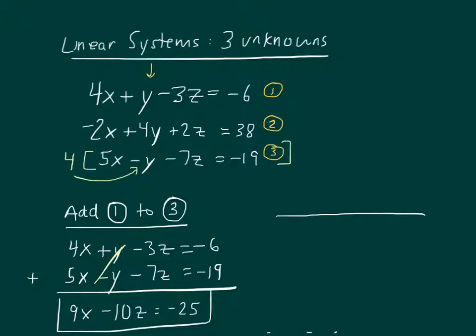So this is what we'll call the new 3. That will be just multiplying the 4 to each of the terms there. So the new 3 would be 20x minus 4y minus 28z equals negative 76.